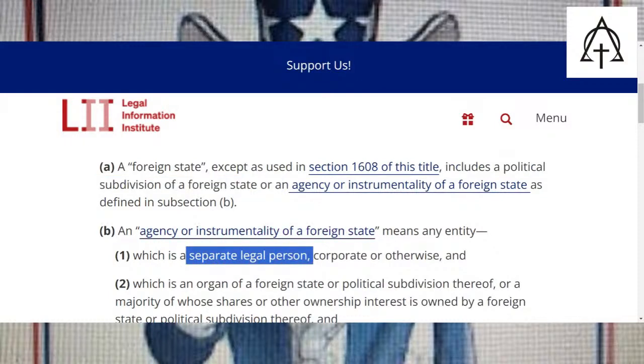So that hospital that you were born at was a separate legal person, created as an instrumentality of the United States and as an instrumentality of the state in one of the states of the Union.